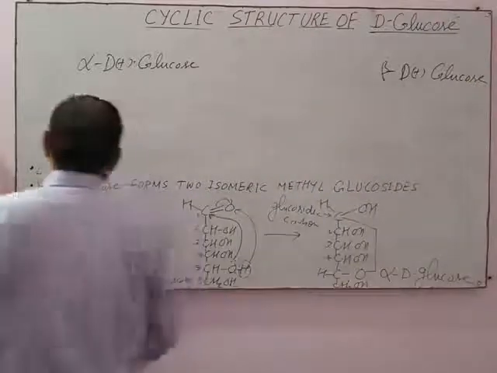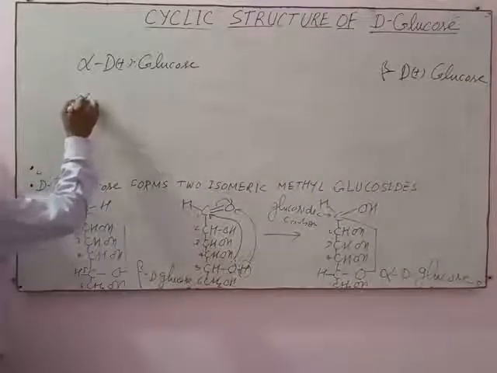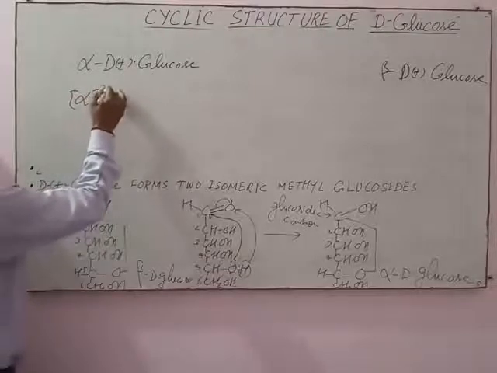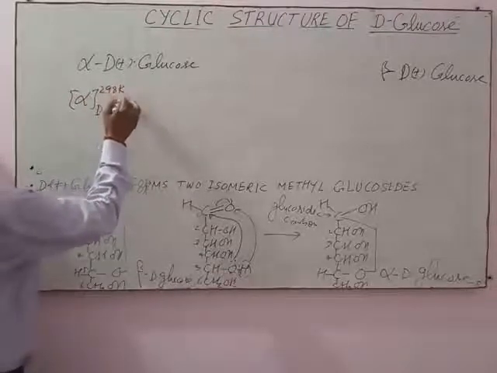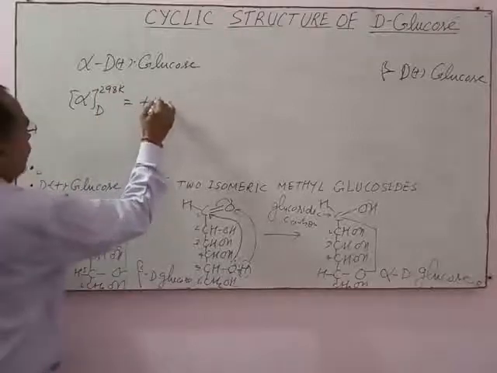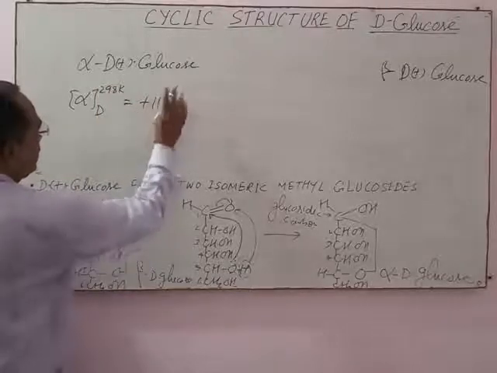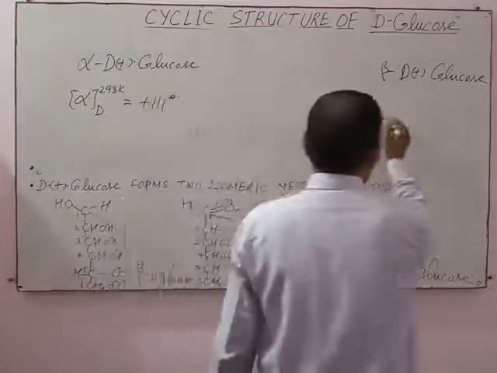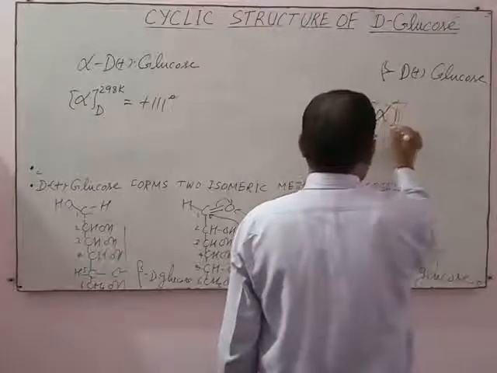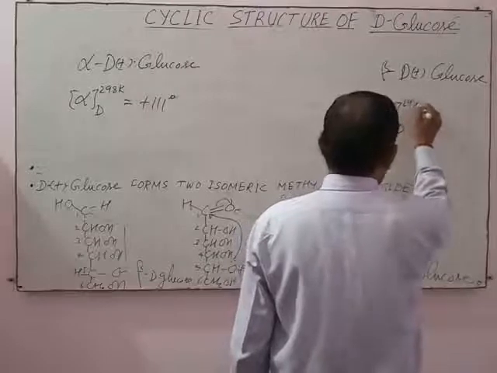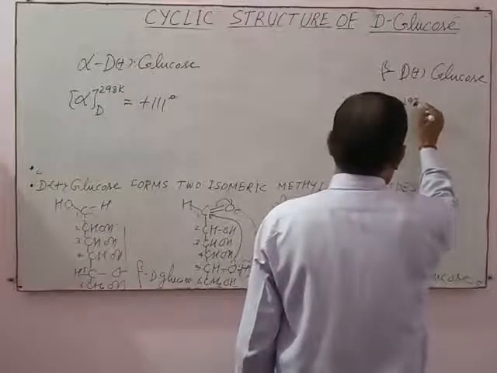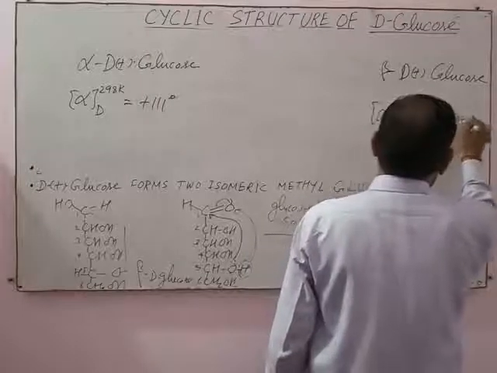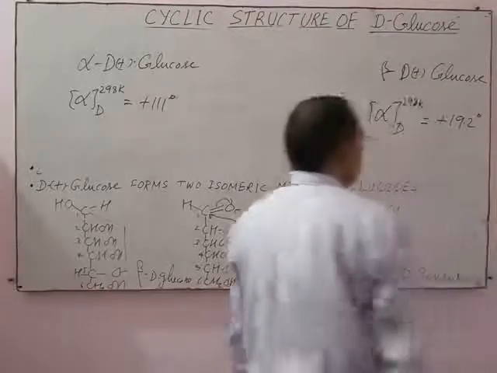In the case of alpha D plus glucose, its specific rotation is equal to plus 111 degrees, and for beta D glucose, its specific rotation is equal to plus 19.2 degrees.